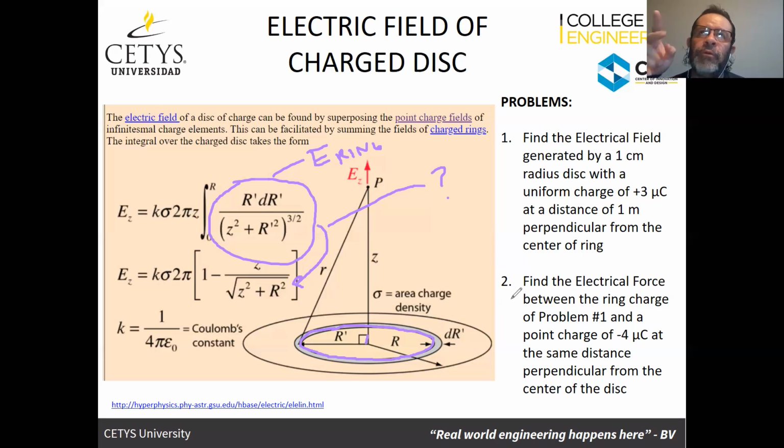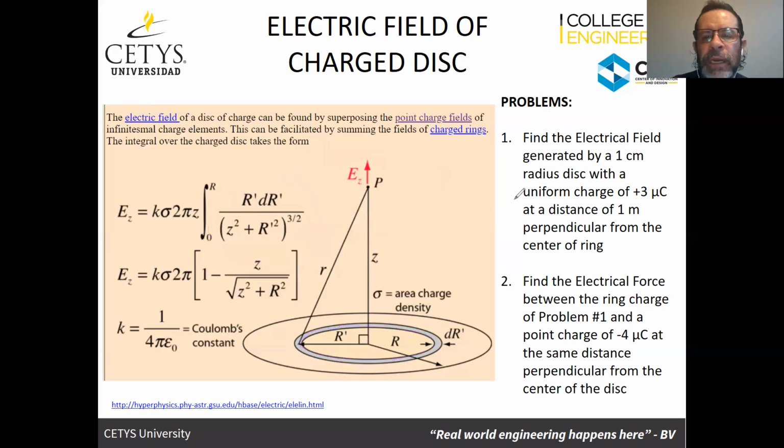Line is Monday, ring is Tuesday, disk is Wednesday. These, again, turn them in via email, solved by hand, in clear images, and the solutions to the integrals, I'm going to post them to Blackboard before the weekend, so you can compare them.